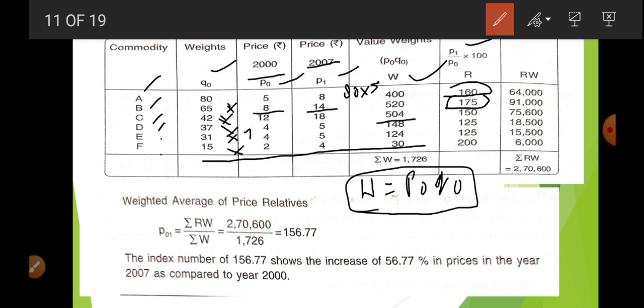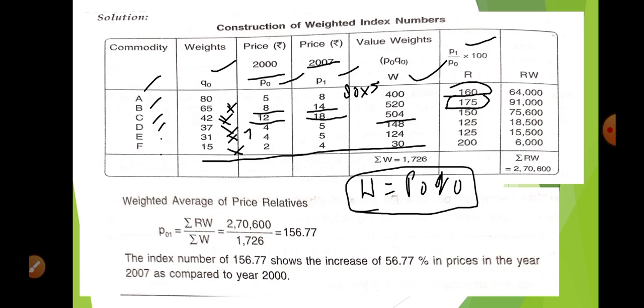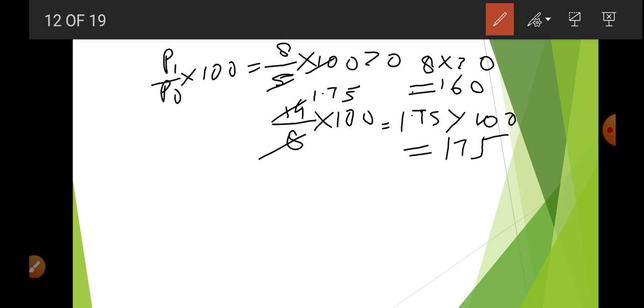Now we are going to calculate PR for the next. Now the price is 18 and P0 is 12. So P1 is 18 and P0 is 12 and multiplied by 100. So we can divide it. 6 2s are 12, 6 3s are 18.